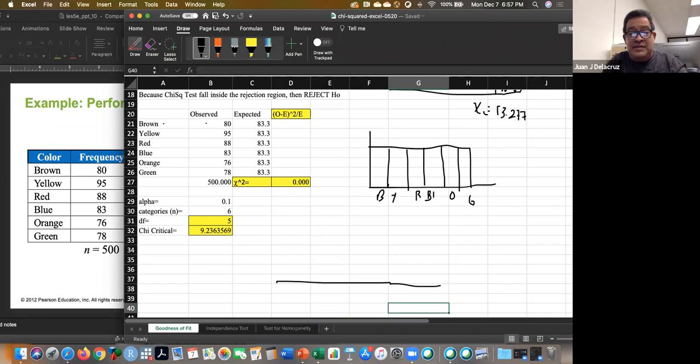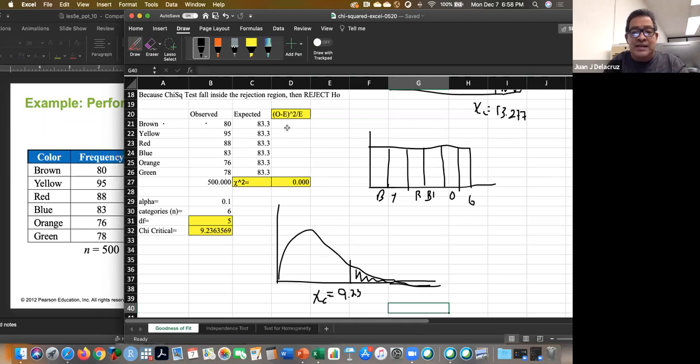Remember, my chi-square is a distribution that is skewed right. So my chi-square is going to be, let's say, 9.23. So this is my chi-square critical value. I need to figure out whether this is inside or outside of my rejection region, right?